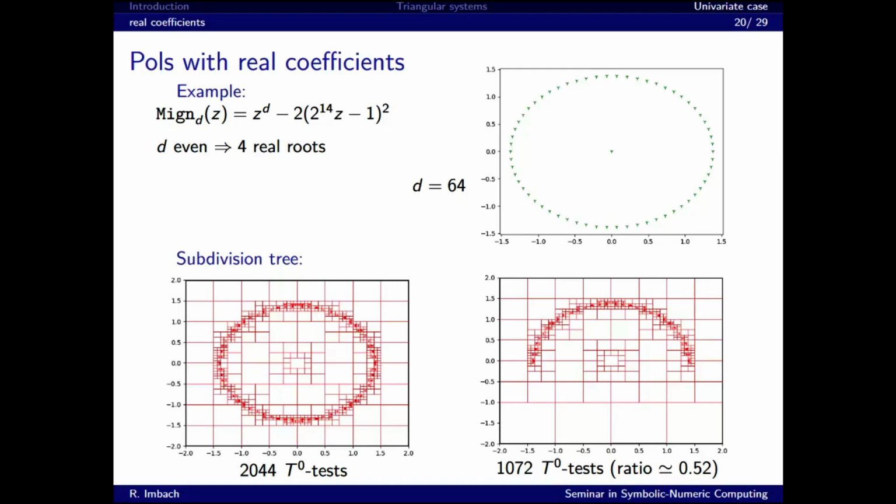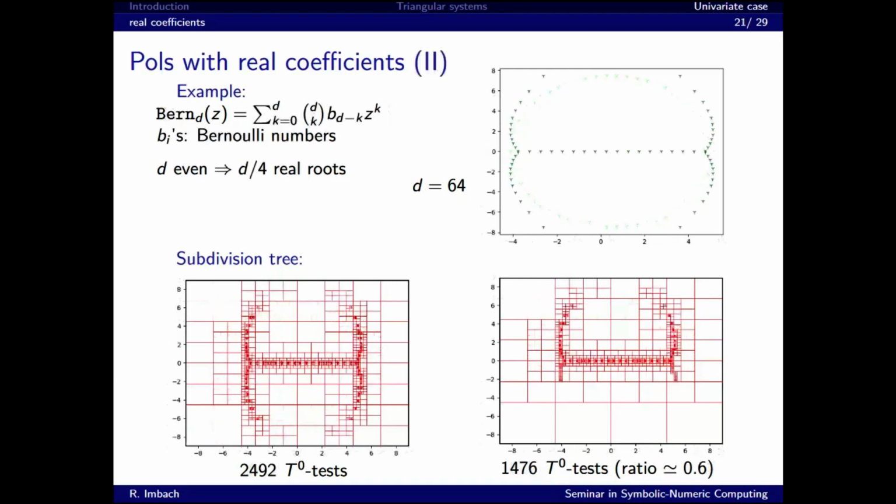So it allows to reduce the number of discarding tests we do. For instance, with this polynomial that has only 4 roots, without the improvement, we do this number of discarding tests, and with the improvement, we do about half of this number. So it's a bit less interesting for polynomials, for instance the Bernoulli polynomials, that have a lot of real roots.